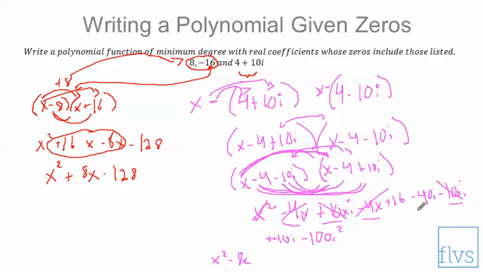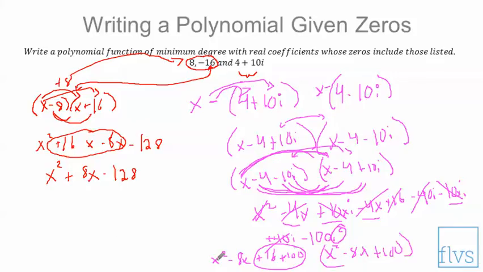And then we've got the negative 40i and the positive 40i, so they cancel each other out. Then you got the plus 16. And then negative 100i squared. Remember, i squared really is nothing more than negative 1, so it becomes plus 100. I'm going to add these two together to get x squared minus 8x plus 100.